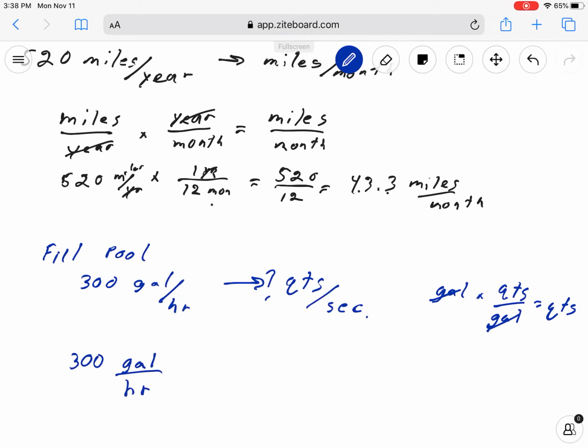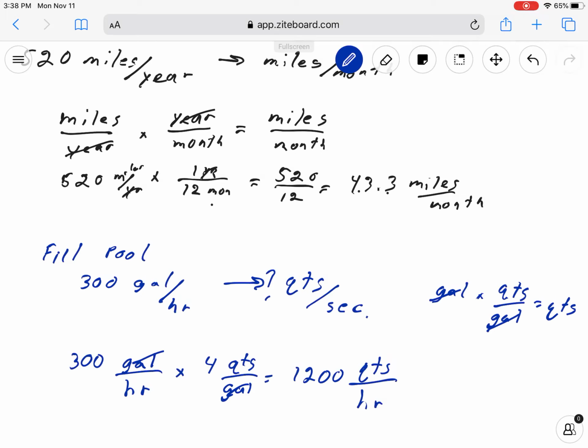We'll worry about hours to seconds later. I want to multiply that by 4 quarts per gallon. So that is 1,200 quarts per hour.